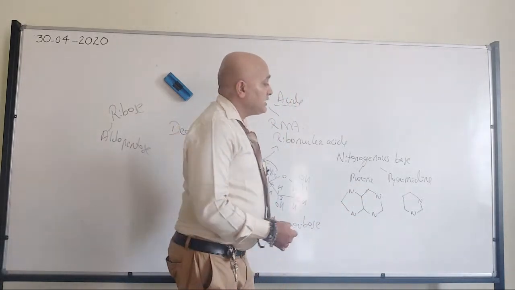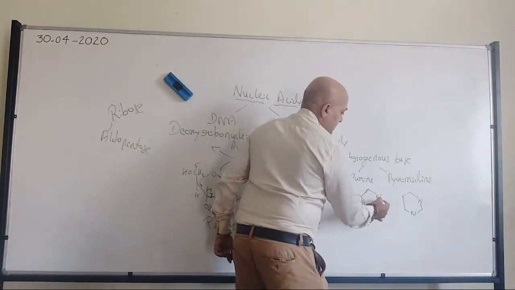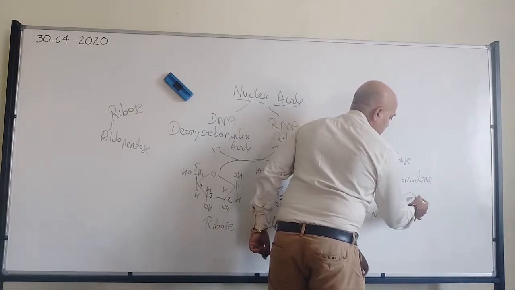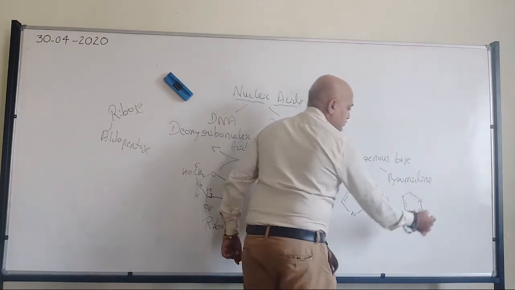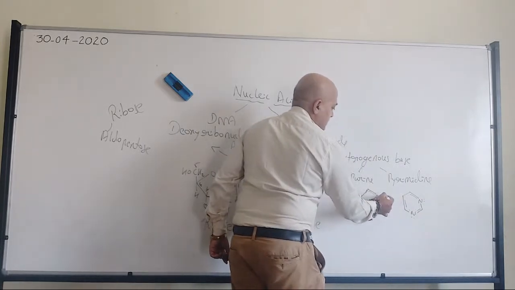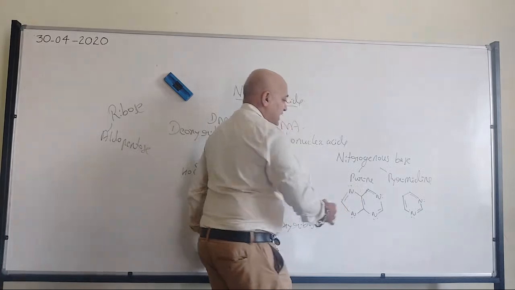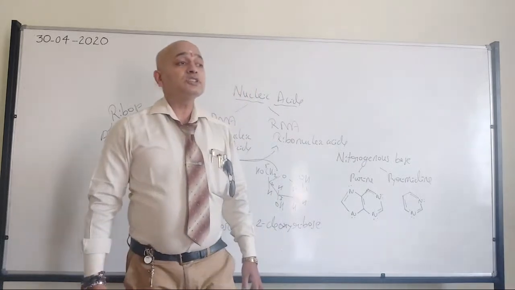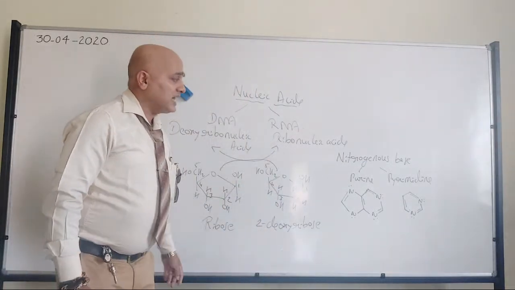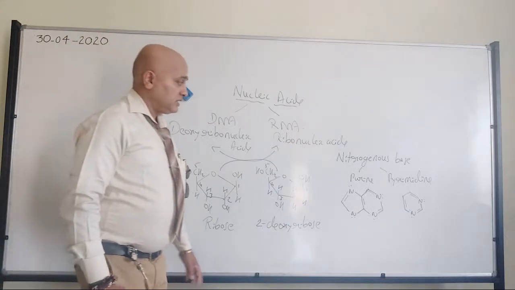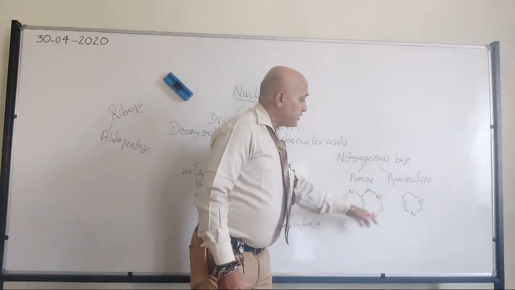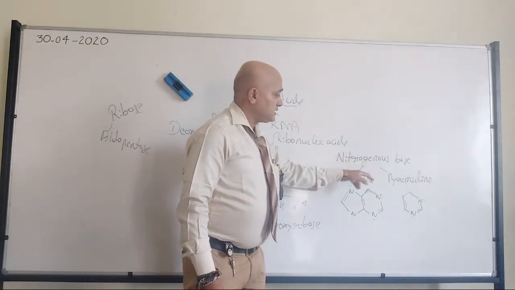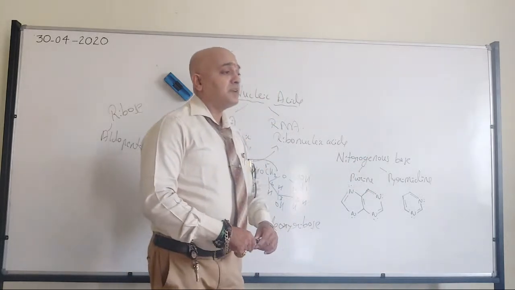We can have the double bond to avoid the confusion. Now all this nitrogen has a lone pair of electrons, so they can act as a Lewis base. Therefore they are called nitrogenous bases due to the presence of the lone pair of electrons on this nitrogen. So two types of nitrogenous bases are there, purine and pyrimidine.